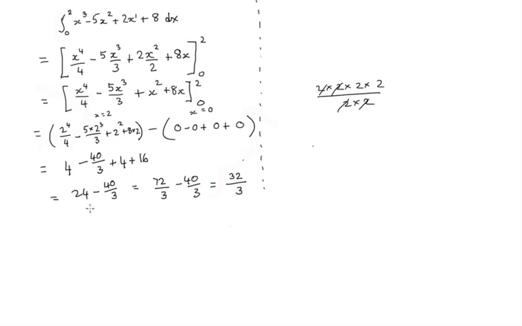Or we could have said, okay, it's 24 minus 3 into 40 goes 13 and 1/3. And if we're taking 13 and 1/3 away from 24, 13 away from 24 would be 11, and take away another third, that's 10 and 2/3, which is the same as 32 thirds. Now this is an area, it's a shaded area, so we basically have to say what the units are, and it's square units. So that's the area that's shaded.